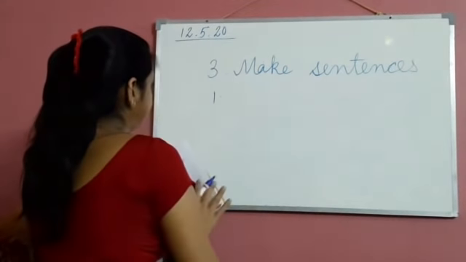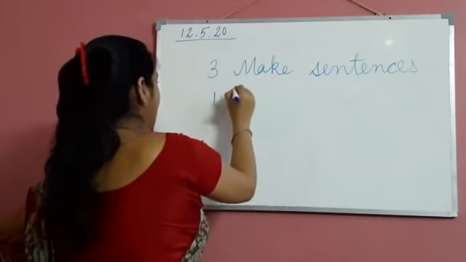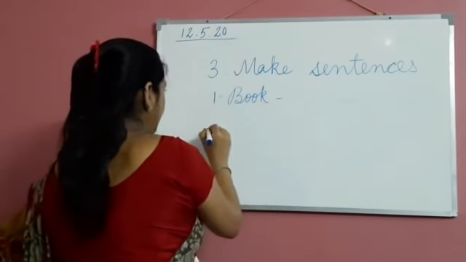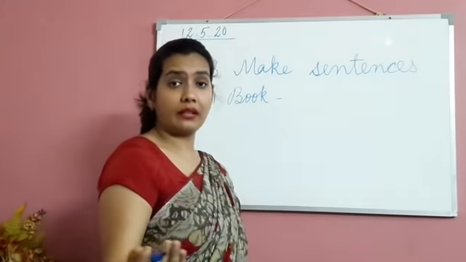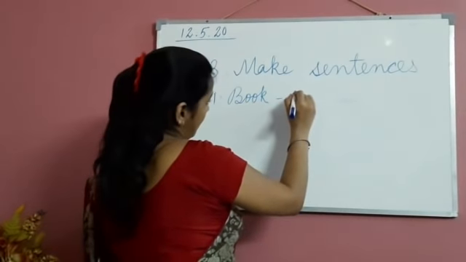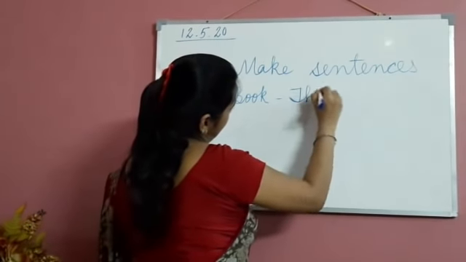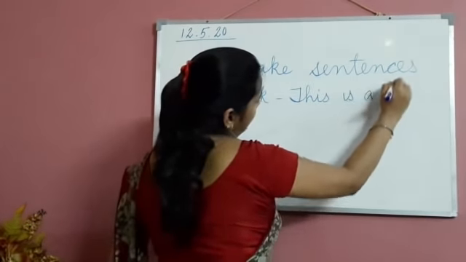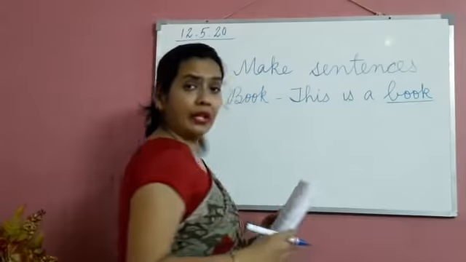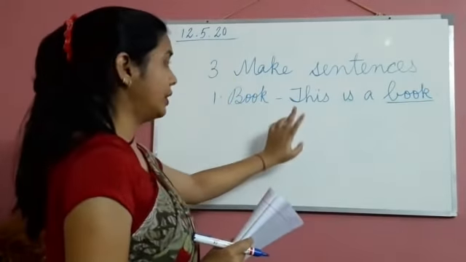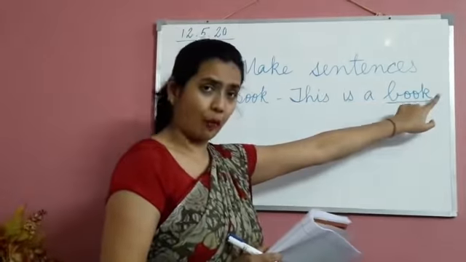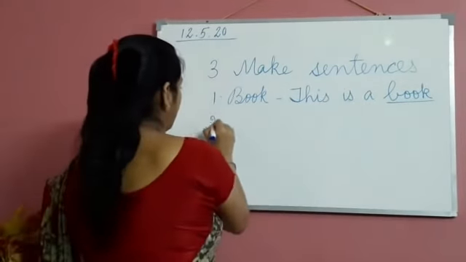Number 1, book. You have to make sentence with the word book. This is a book. When you are making the sentence, be careful that you start the sentence with the capital letter and end with the full stop.